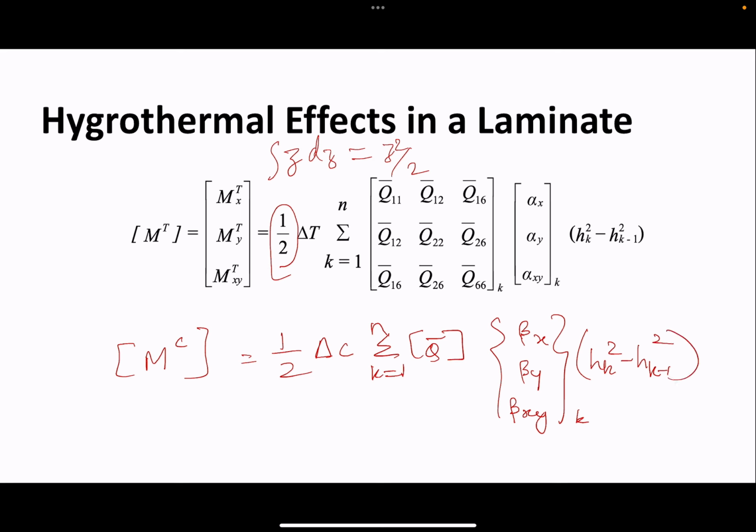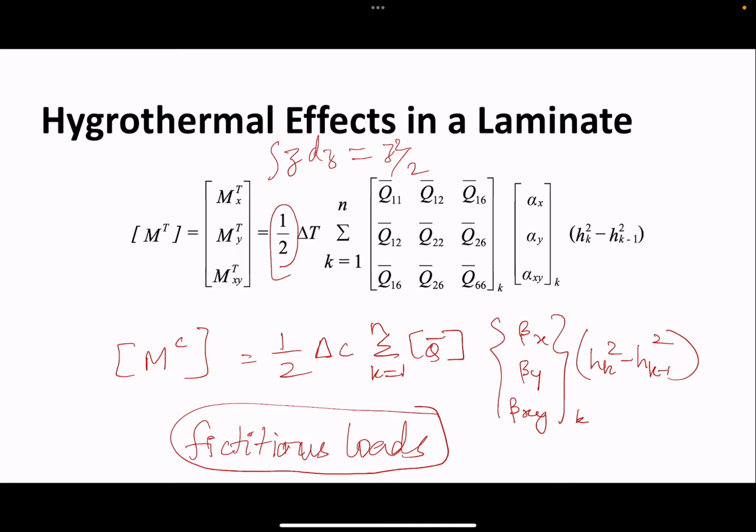So these are called fictitious loads, because there's no actual force that we are applying on the structure, right? But it still causes strains. So these are the loads that, if applied, would cause the same kind of strains.